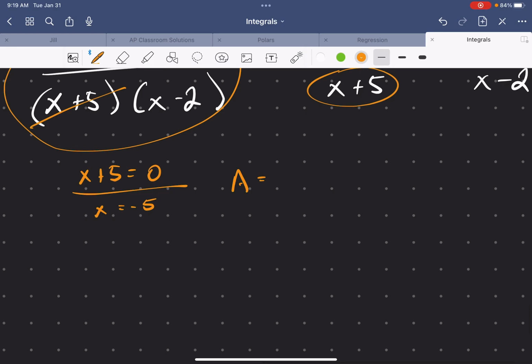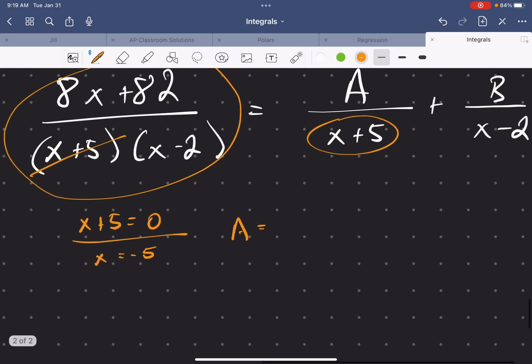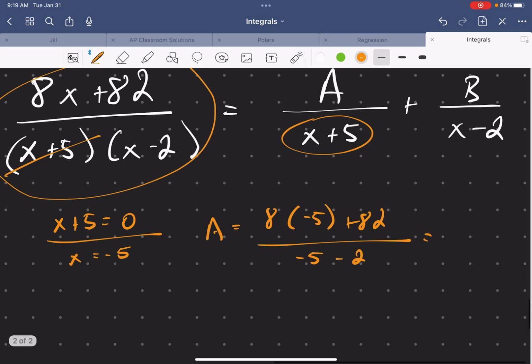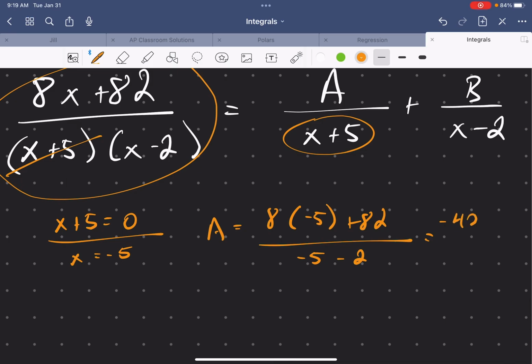So that means that we would have 8 times negative 5 plus 82 over negative 5 minus 2. So negative 40 plus 82 over negative 7. That's going to be 42 over negative 7, which is negative 6. So we were able to get to that negative 6 much, much faster.